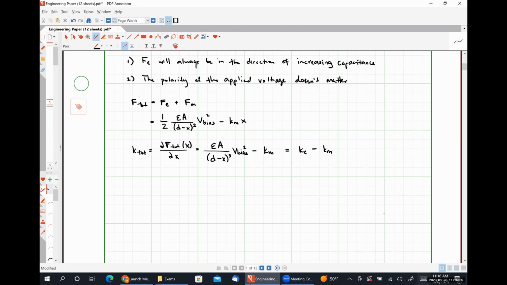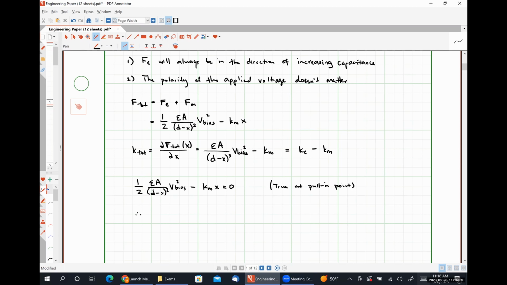So if we say that 1/2 epsilon A over d minus x squared times V bias squared minus Km x is equal to 0, this will be true at the pull-in point.